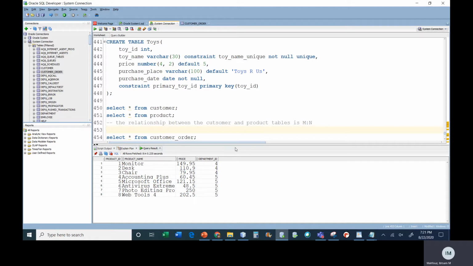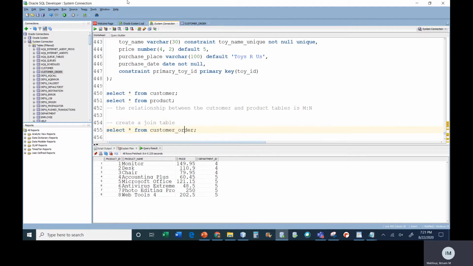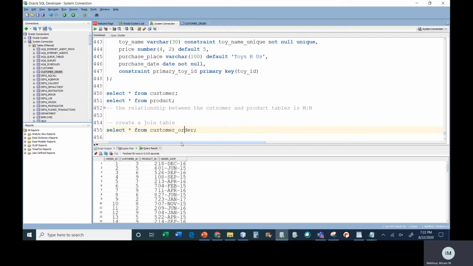Where did we decide to store this many to many relationship? We had to create a join table. We had to create another table that contained this information. And so what we did was we created the customer order table that stored the customer ID and the product ID. So the join table contains the primary keys of the two tables in the relationship.